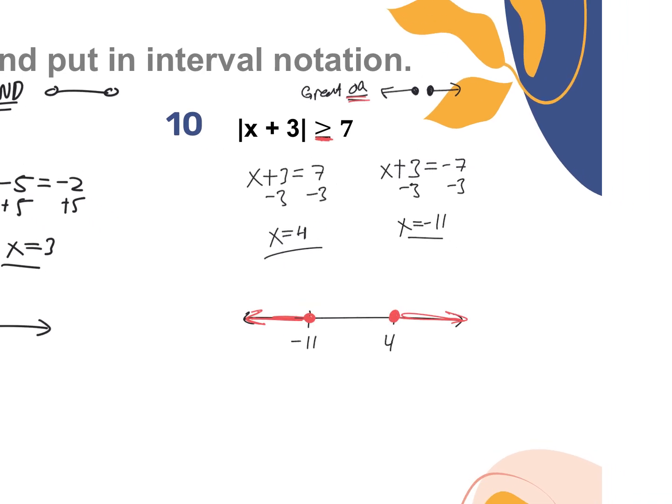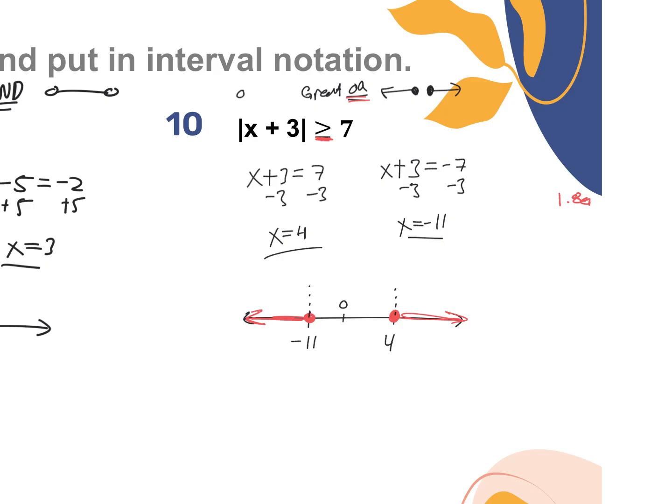If that's confusing to you, you can test points. I know I'm uploading this video after I taught all the lessons, so you can think of what we're going to do in the next lesson, 1.8a and b, where we do test points. This is going to split up, and I can test 0, for instance.